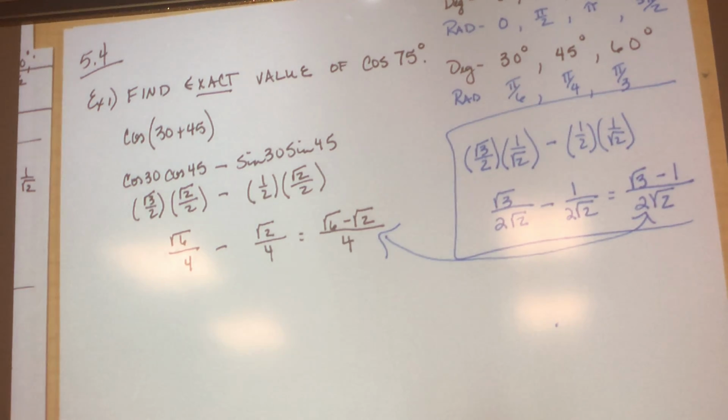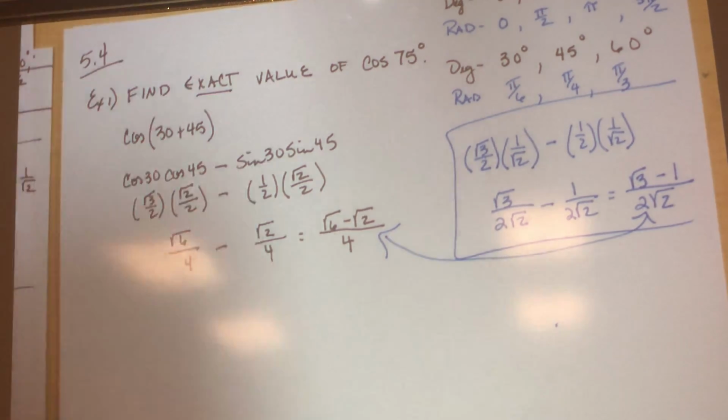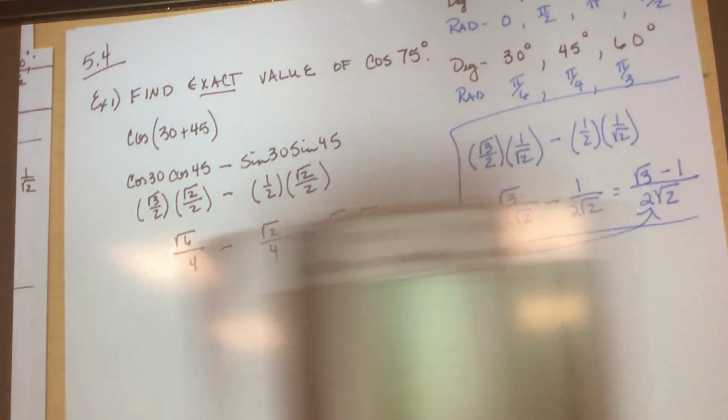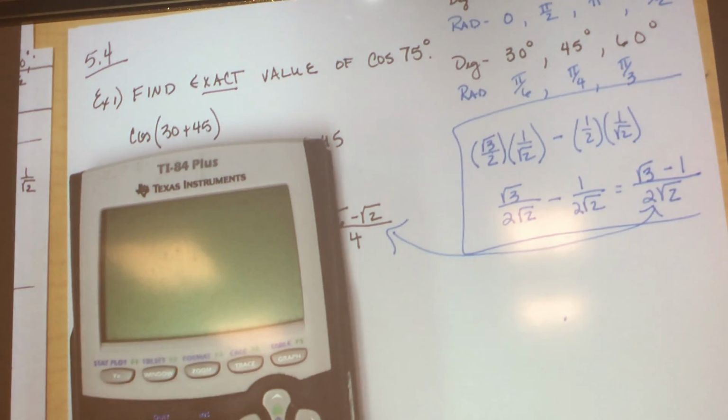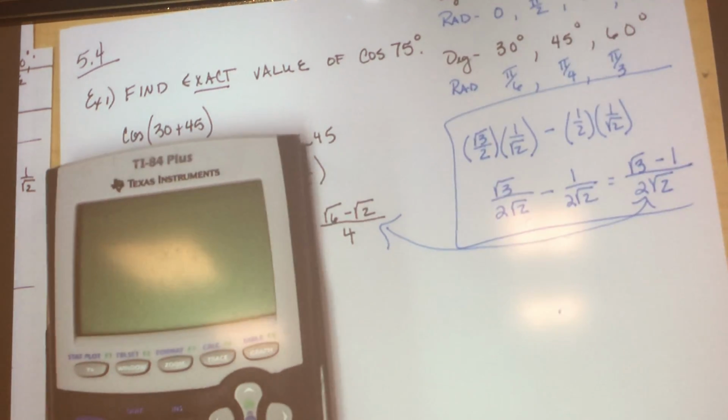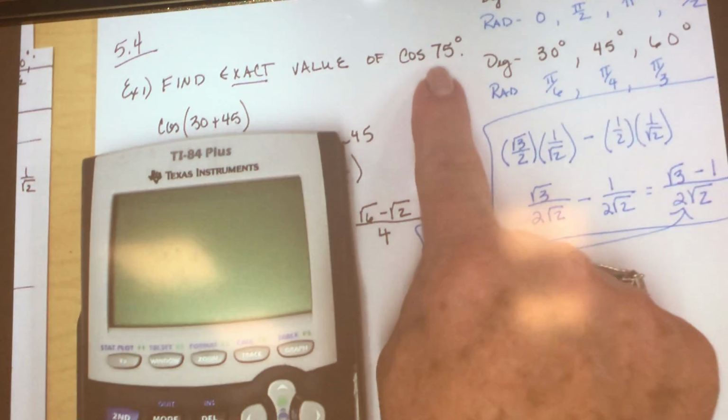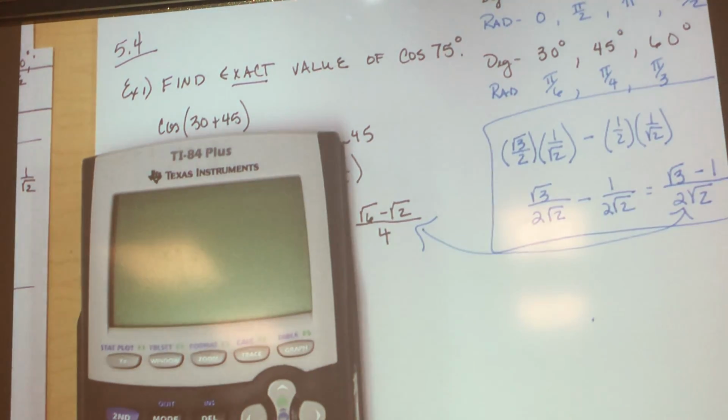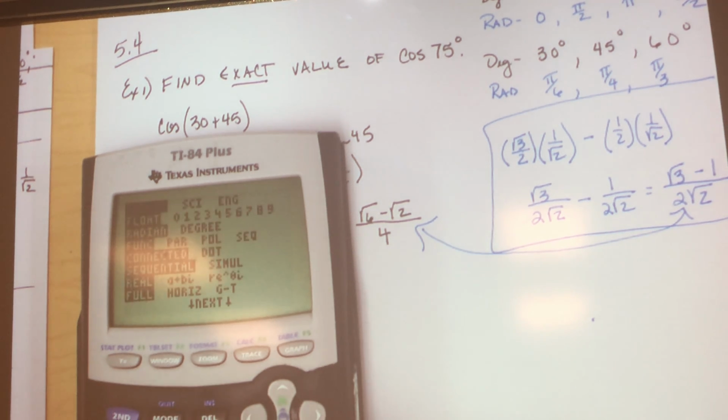Now listen, probably not going to let you use a calculator, but I just want to show you that while you're doing your homework, you can check these on a calculator. First thing, I'm going to make sure I'm in degrees. And then I'm going to say the cosine of 75.